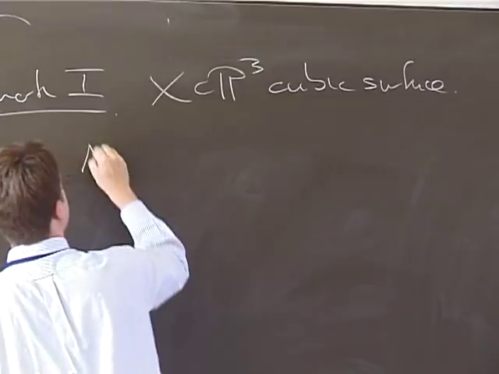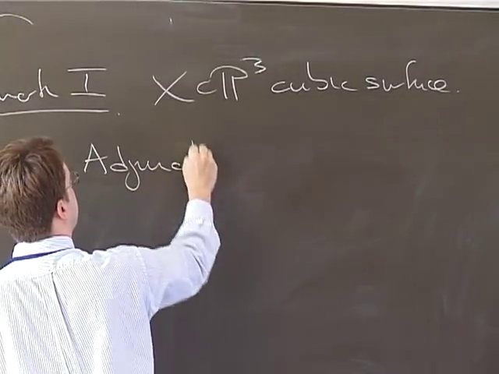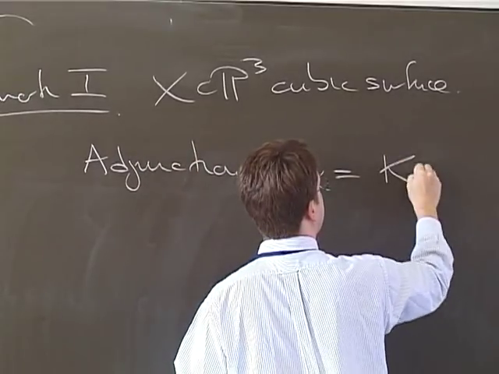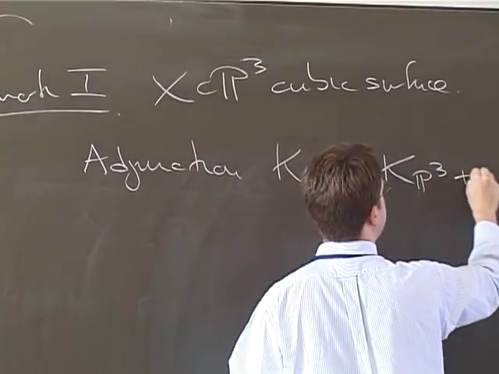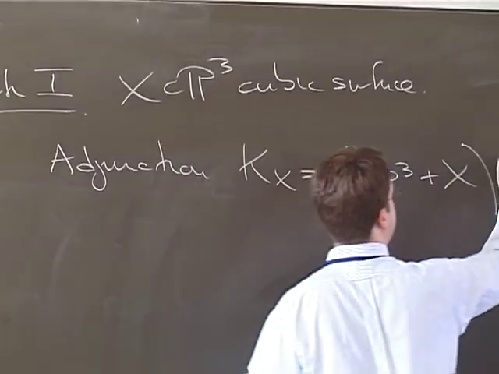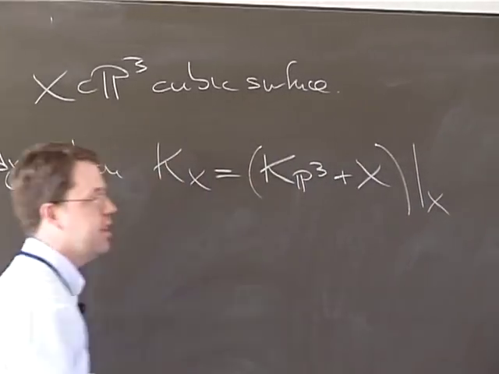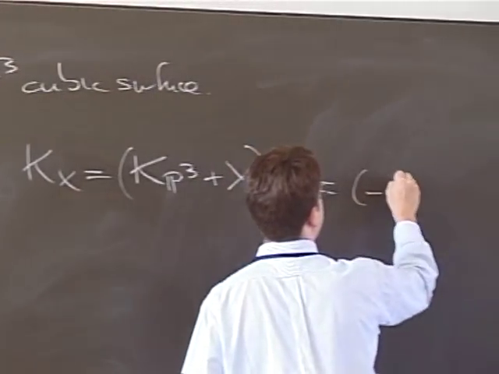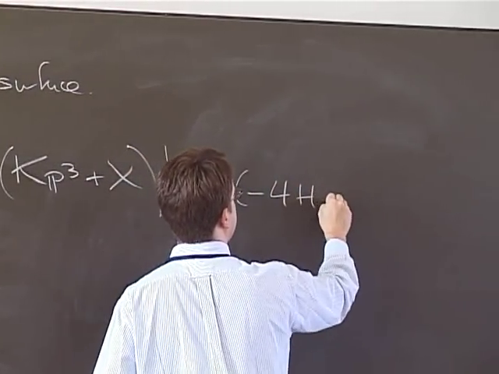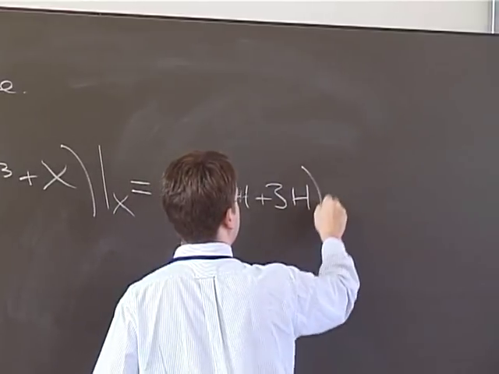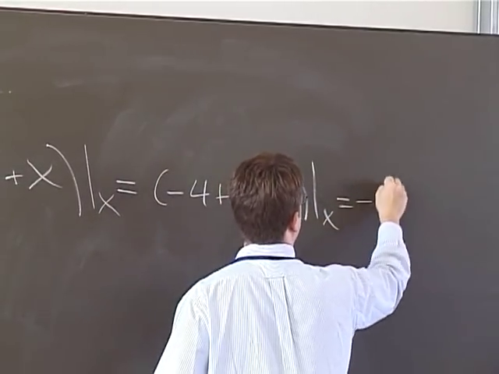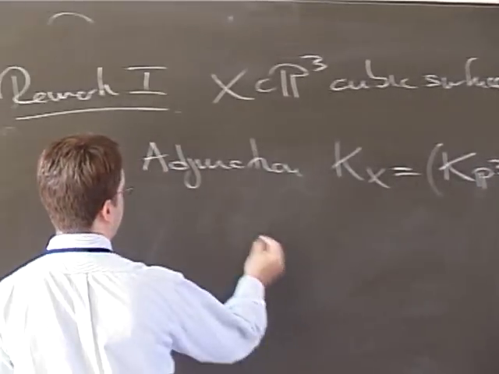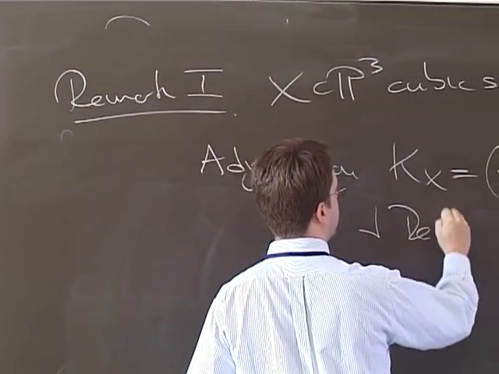We have by adjunction that K of X is equal to K of P3 plus X restricted to X, which is just equal to minus 4 times a hyperplane class plus 3 times a hyperplane class, which is minus a hyperplane class restricted to X. So this is a del Pezzo surface.